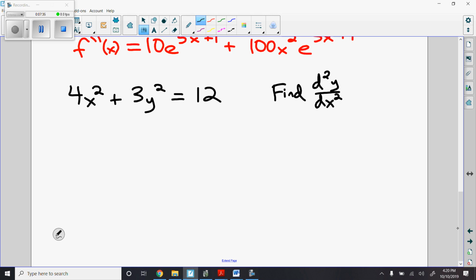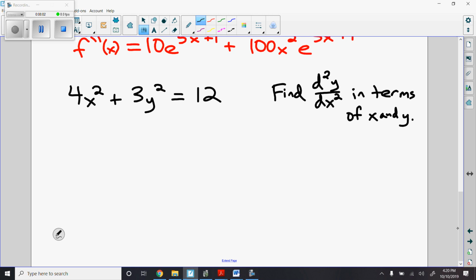I usually say things like find the second derivative in terms of x and y. So again, my process to find the second derivative is to first find the first derivative and then find the second derivative. So this is implicit, so I have to remember my dy dx.